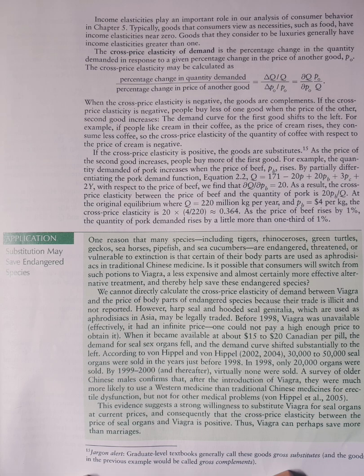One reason that many species, including tigers, rhinoceroses, green turtles, geckos, seahorses, pipefish, and sea cucumbers are endangered, threatened, or vulnerable to extinction is that certain of their body parts are used as aphrodisiacs in traditional Chinese medicine.